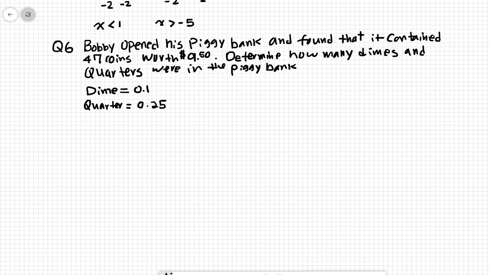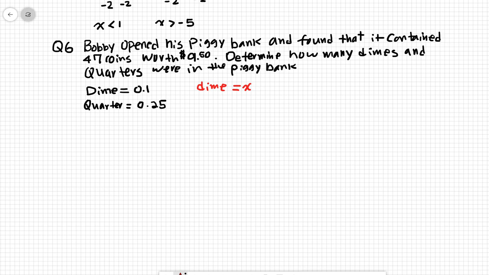We are not going to name two different variables for this one. So let's say dime is going to be equal to x. If that's the case, then there are a total of 47 coins.